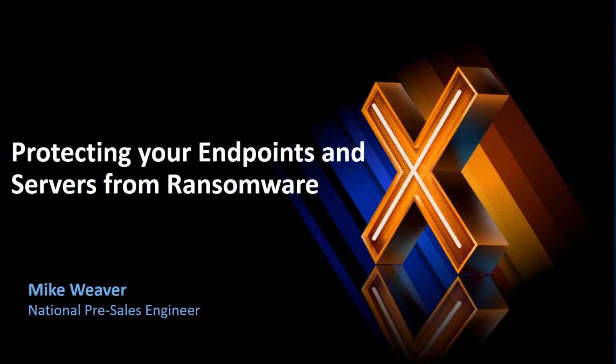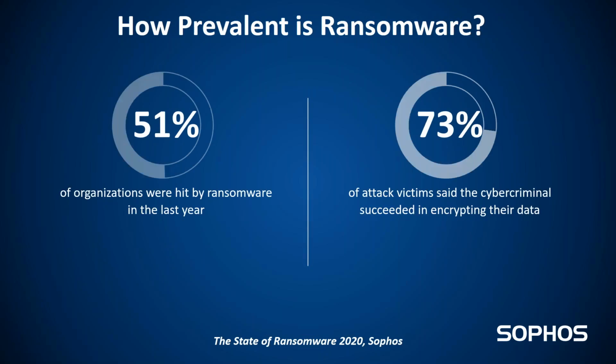But we are going to focus on ransomware with this particular session because we know that ransomware is so prevalent out in the world, and we want to do what we can to help stop funding those hackers from being able to make money and profit off of attacking people's servers. So just how prevalent is ransomware?